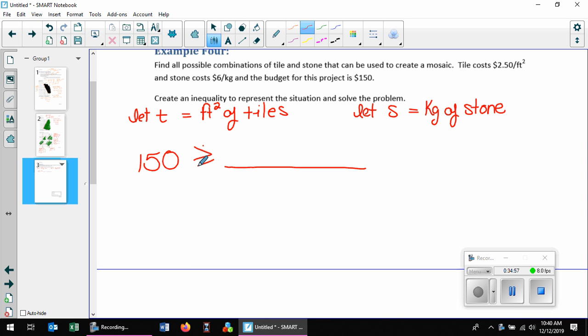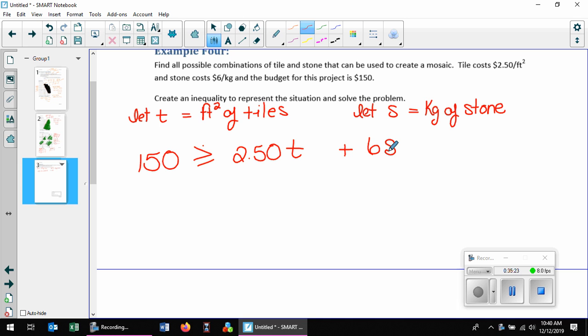Make sense? It seems really easy when we say it in words, but then when you look at it, sometimes the reading gets hard. So we know that the cost of tile is $2.50 per square foot of tile. And we are going to add some stone to that, which is really expensive, $6 per kilogram.